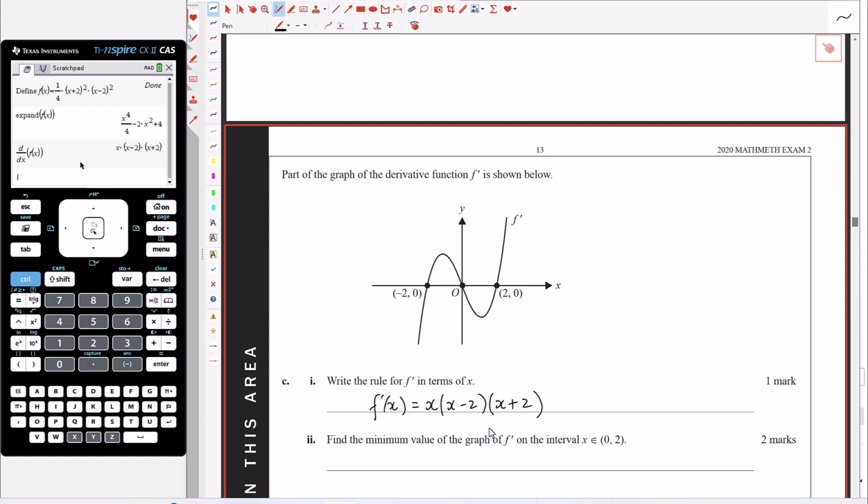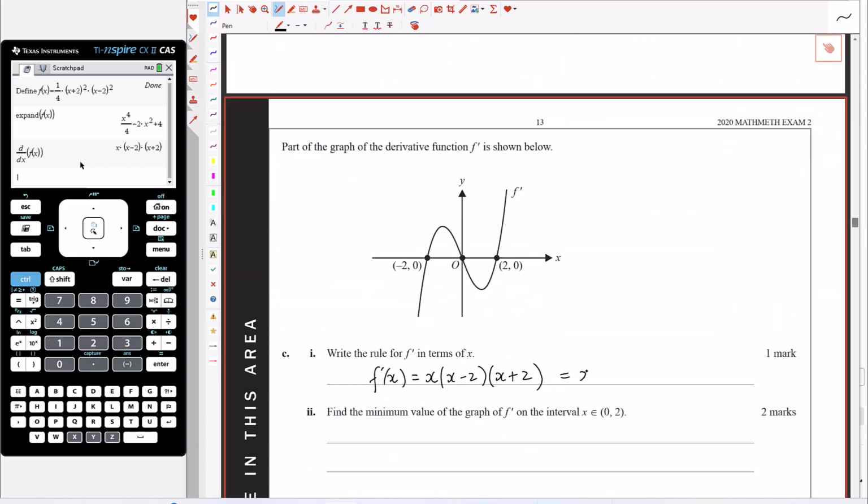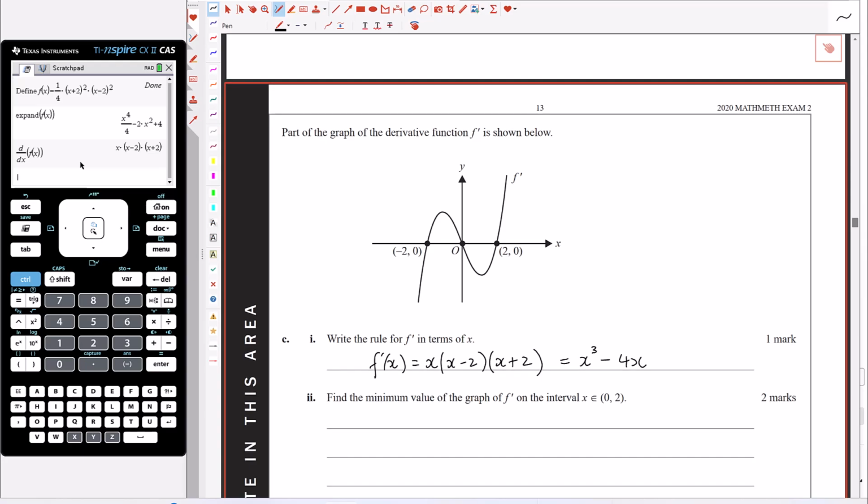That's a cubic with intercepts at 0, 2 and -2, a positive cubic, so that matches what I'm seeing in the picture perfectly. You might also have, if you differentiated the expanded version here, had x cubed minus 4x. Either format would be correct there, it doesn't specify the form.